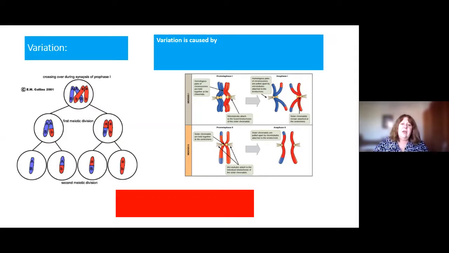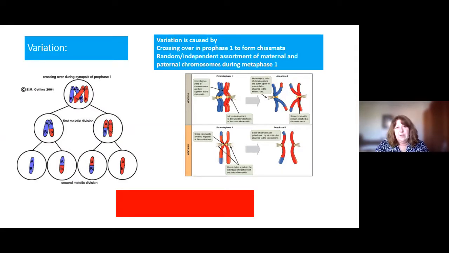Variation, I know I talked about it before, but just again to summarise, it's crossing over in prophase 1. That is really important because chiasmata will form in that case, and then also you have the random alignment and then the separating, the independent assortment of the maternal and paternal chromosomes during the metaphase 1.